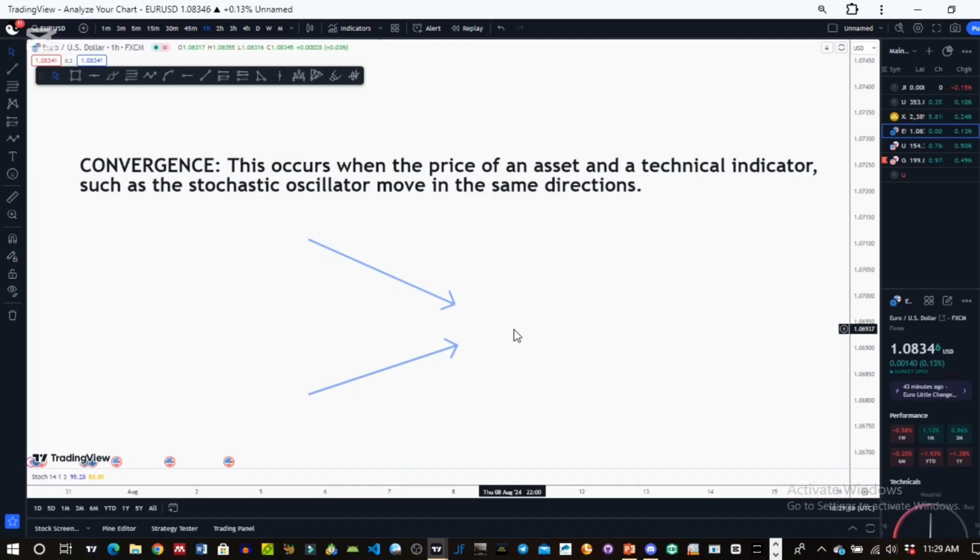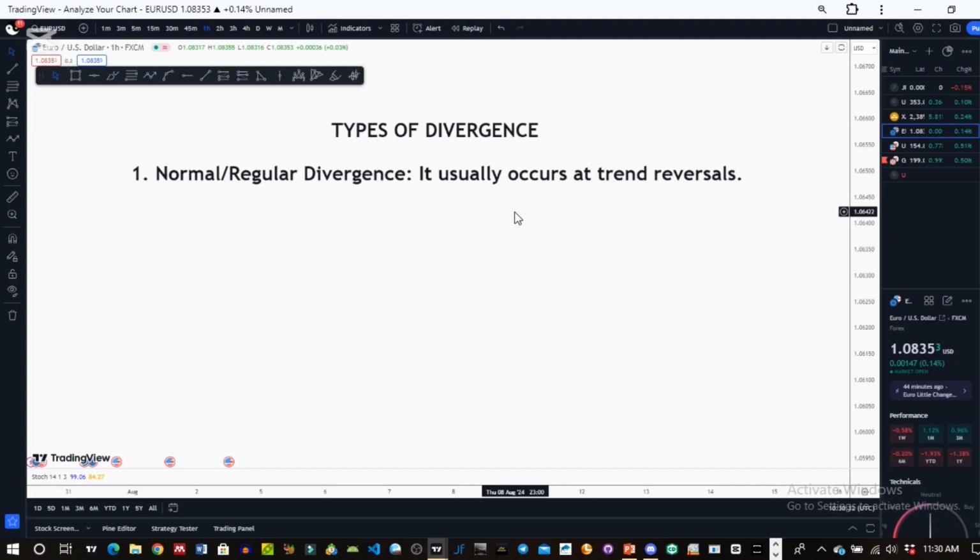Now, one thing divergence and convergence will help you with is when price wants to reverse, and sometimes it also shows you continuation patterns. So divergence could spot price reversals and price continuation when used effectively in combination with technical analysis and candlestick patterns. Now, there are two major types of divergence.